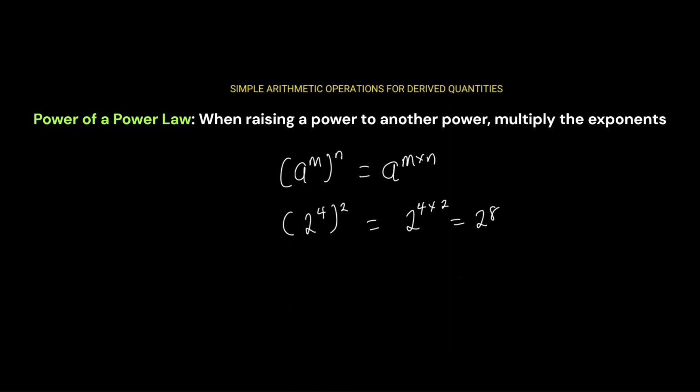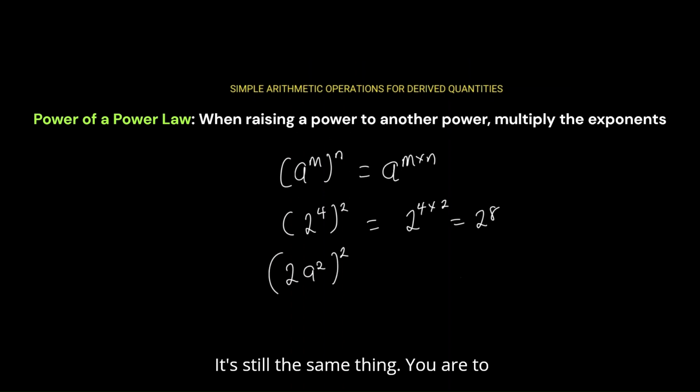Very simple. Now, what if you have 2a to the power of 2, all raised to the power of 2? It's still the same thing. You are to multiply this power outside the bracket by the power of every factor or by the power of every term in the bracket. So if you have 2 raised to the power of 1, our answer becomes 2 to the power of 1 times 2, a to the power of 2 times 2.